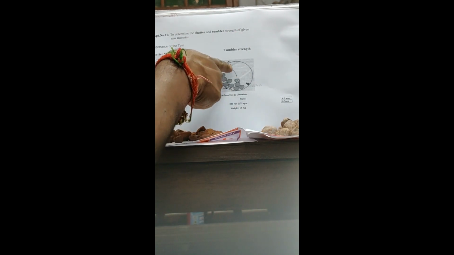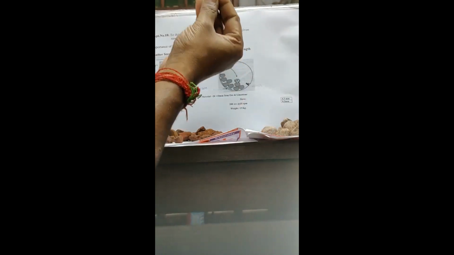And here you can see, due to the shear forces, the wear of the raw material will generate fines. That fines we can see here. So here we are seeing 2 things: one is fracture or disintegration of the material due to impact, and the other is generation of fines due to abrasion.